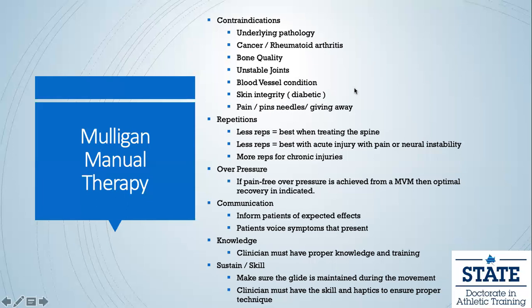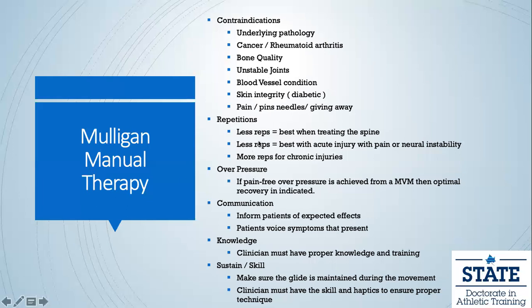Assess the blood vessel condition. We don't want to disrupt that. The skin integrity: we don't want the patient to bleed. And then take note of any pain or neural symptoms they may be having, like pins and needles or giving way.